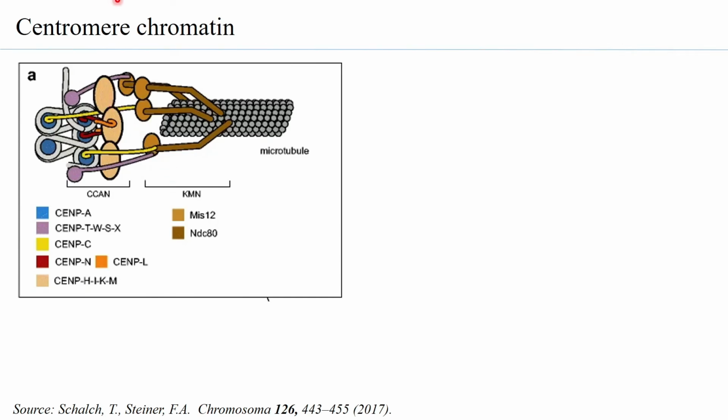Now let us look at the centromere chromatin itself, that is, how the different centromeric proteins come and bind and form a structure around the centromeric DNA. There are several centromeric proteins associated. So far we have only looked at centromeric protein A, the histone 3 variant, which is part of the nucleosome core particle.